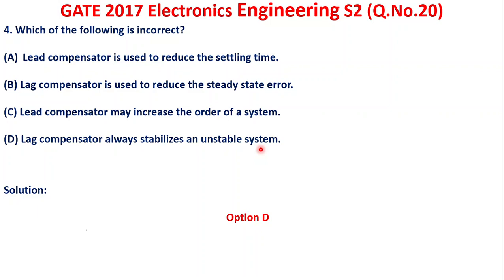For systems like type 2 systems, it will already have minus 180 degree, therefore when you do the compensation, it will definitely be more than minus 180 only. That is not always possible; it depends on the type of the system. Therefore, 'lag compensator always stabilizes an unstable system' is false. Therefore, option D is incorrect. So, option D. Next question.